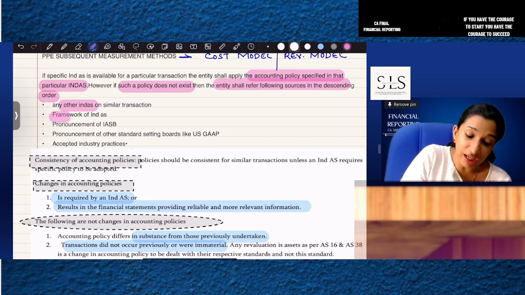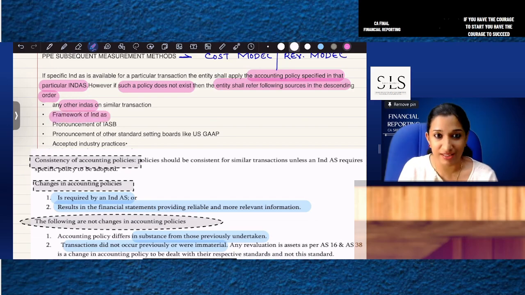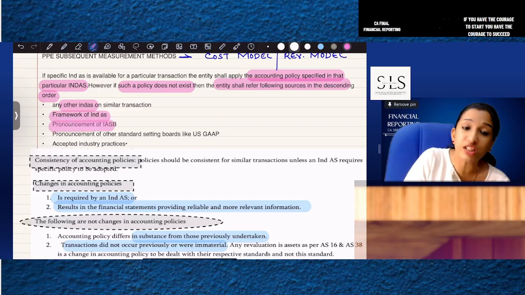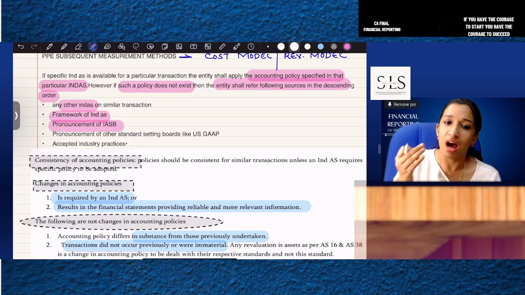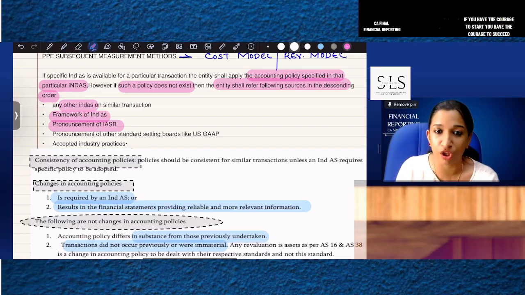Then check the framework of Ind AS. Now, pronouncements of the International Accounting Standards Board. Is there any pronouncement like guidelines? There is no Ind AS, but there is a notification or guidelines released by the International Accounting Standards Board.